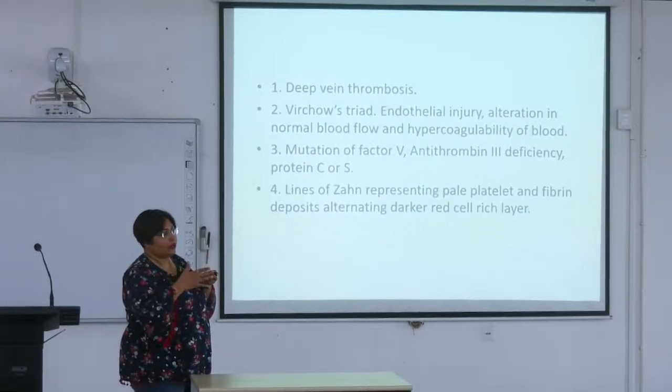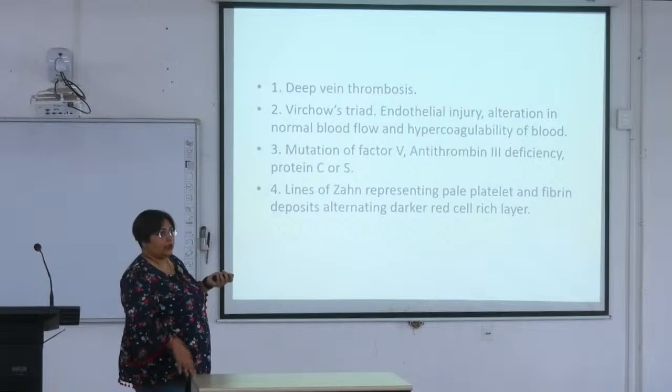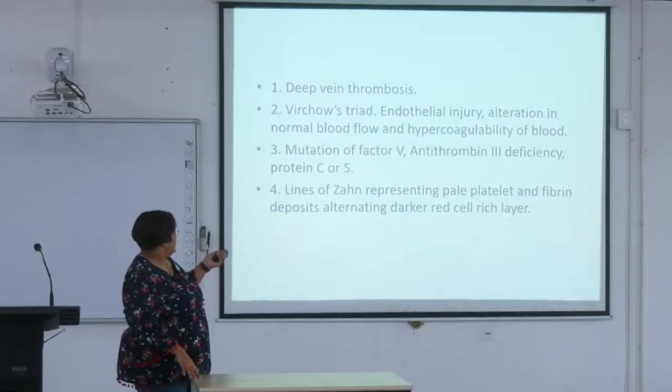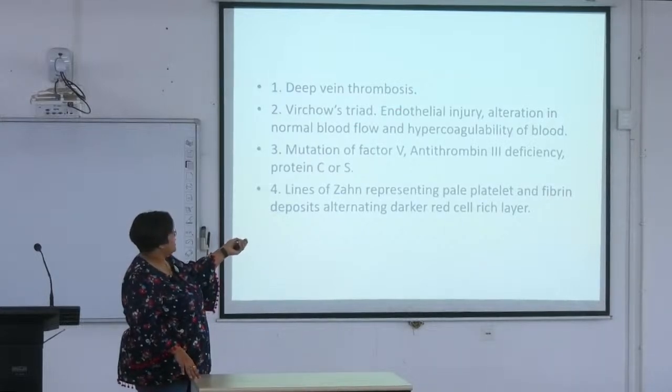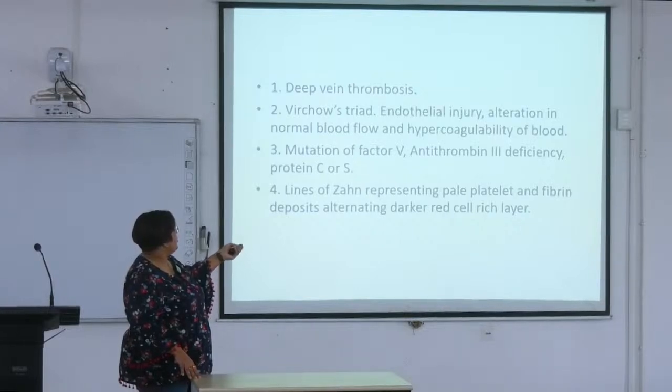That means the cellular component comes directly in contact with the blood vessel wall, and then the process of thrombosis starts. We will read in details in the chapter of thrombosis, but in the problem card section you have to mention only the name of these three things: Virchow triad and endothelial injury, alteration in the normal blood flow, and hypercoagulability of the blood. These three are the components of Virchow triad.